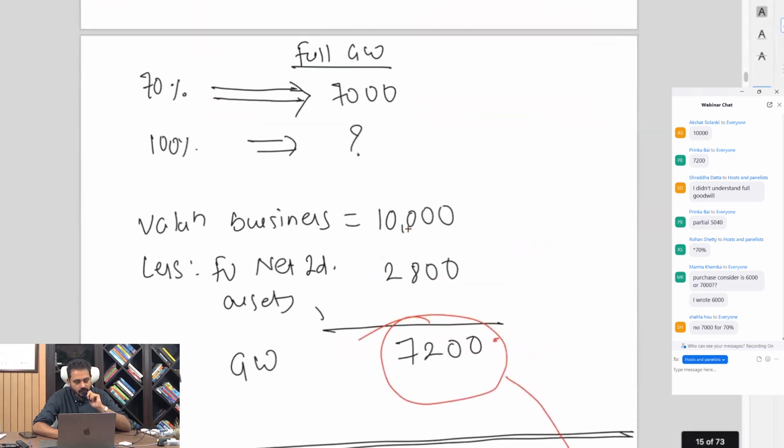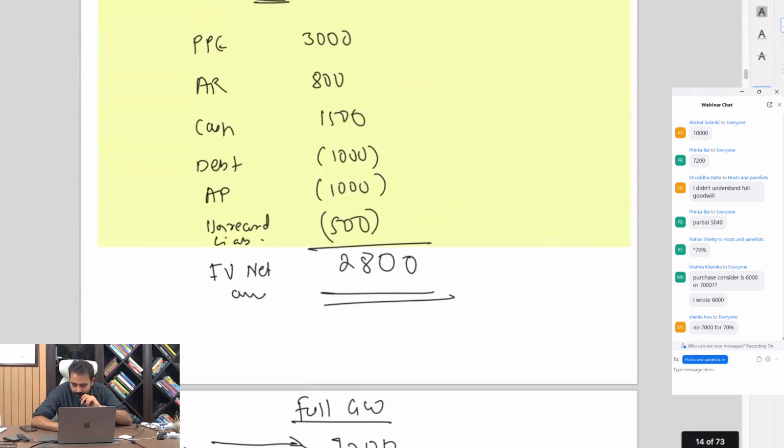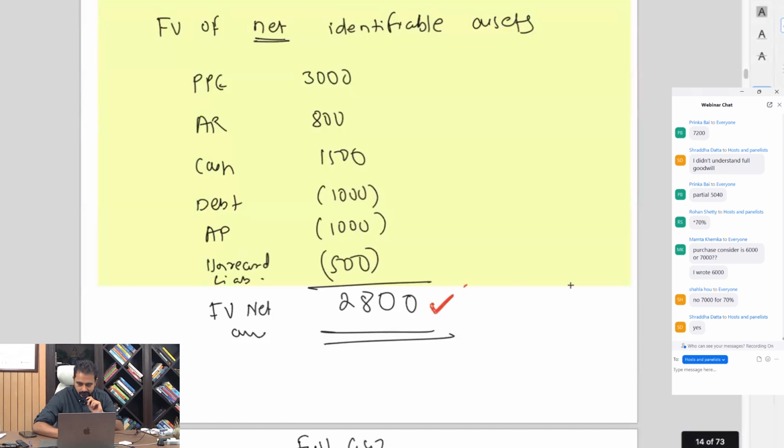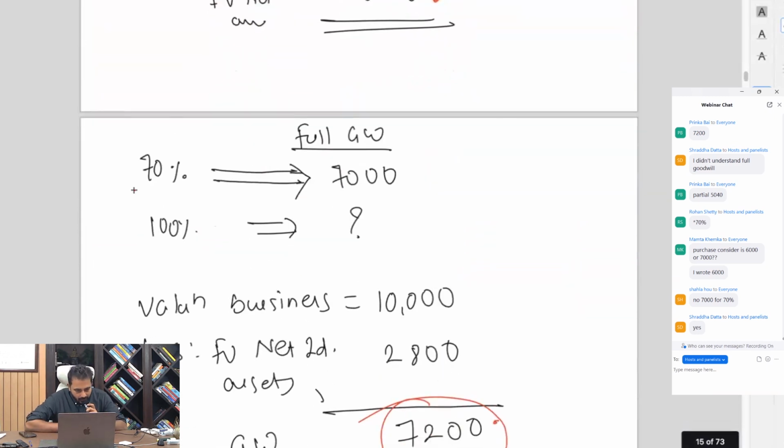So, those of you who don't know how goodwill is calculated, someone asked, right? Shraddha, so did you understand this part? How to get fair value of net identifiable assets? Right. Okay. So, in simple language, this business has assets which are worth 2,800 today. Now, I am paying 70% to acquire. I'm acquiring 70% of the business for 7,000. So the way we used to do it in school, for 70%, I'm paying 7,000. How much for 100%?